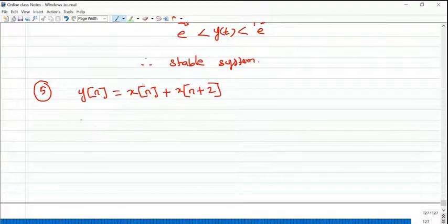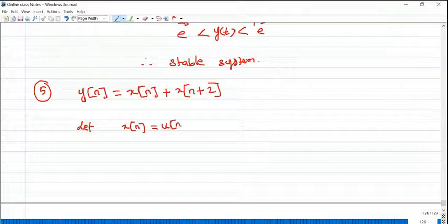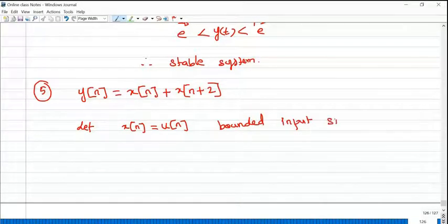Let us assume x of n is a bounded input signal. Most of the cases we are considering x of n equal to u of n as a bounded signal. So y of n equal to u of n plus u of n plus 2. Whether your magnitude of the signal enter into infinite?